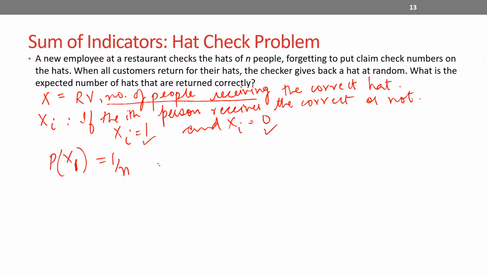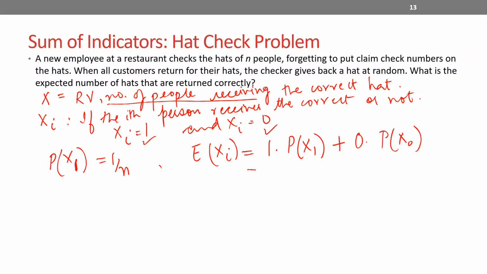So E[X_i] is 1 times the probability when X_i is 1, plus 0 times P(X_i = 0). So this is 1 times 1 over n plus 0 times the other probability, but that's 0, so this is going to be 1 over n. We have seen that before, but just a review.